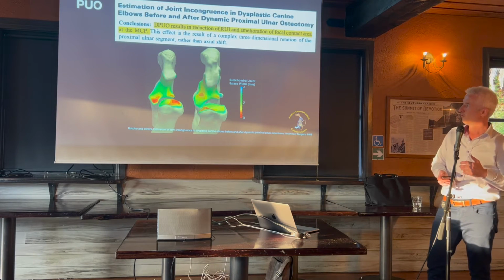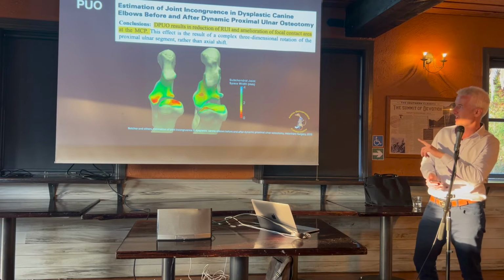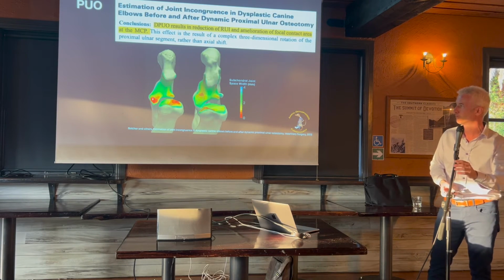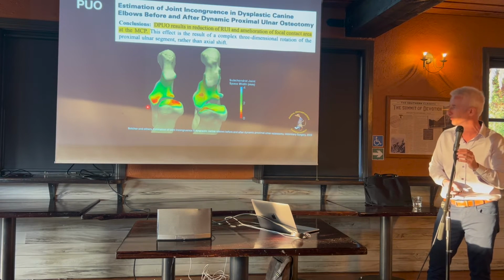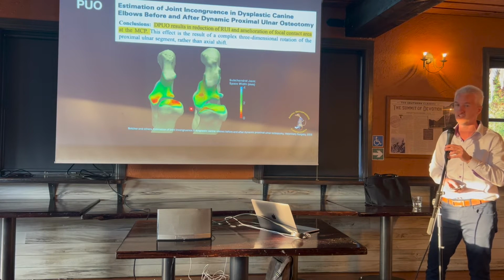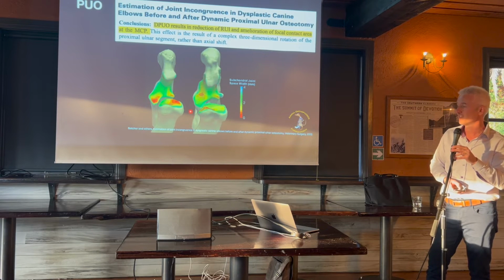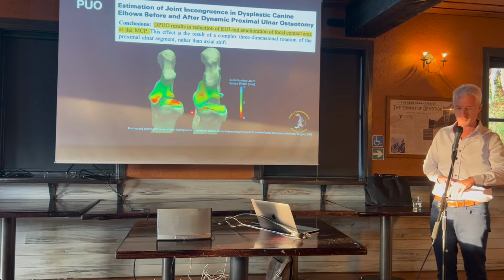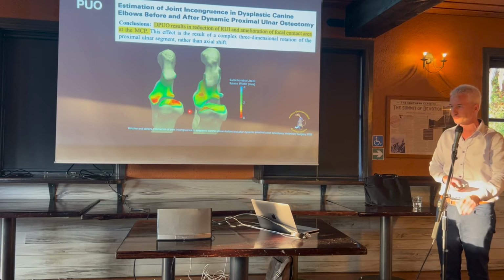So what is the effect of proximal ulnar osteotomy? This is coming back to the study that I showed, that preoperatively they had these coronoid regions that had a lot of weight borne upon them, and postoperatively you can see that the weight distribution has resolved. Here's another study showing that proximal ulnar osteotomy allows the coronoid to not be overloaded.